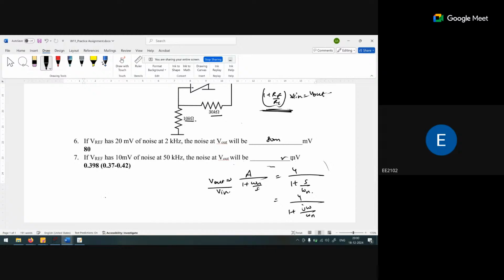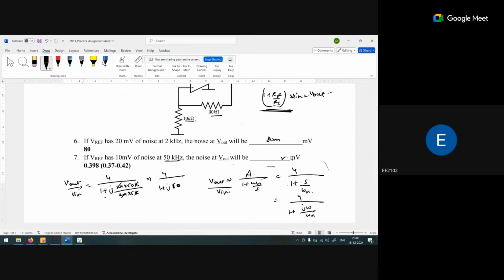So V out by V in is equal to 4 upon 1 plus j omega, which is 50 kilohertz. So you can put 2 pi times 50k upon 2 pi times 5k. So k and k cancel out, 2 pi and 2 pi cancel out. So it is 4 upon 1 plus j of 50. Sorry, j of 10.